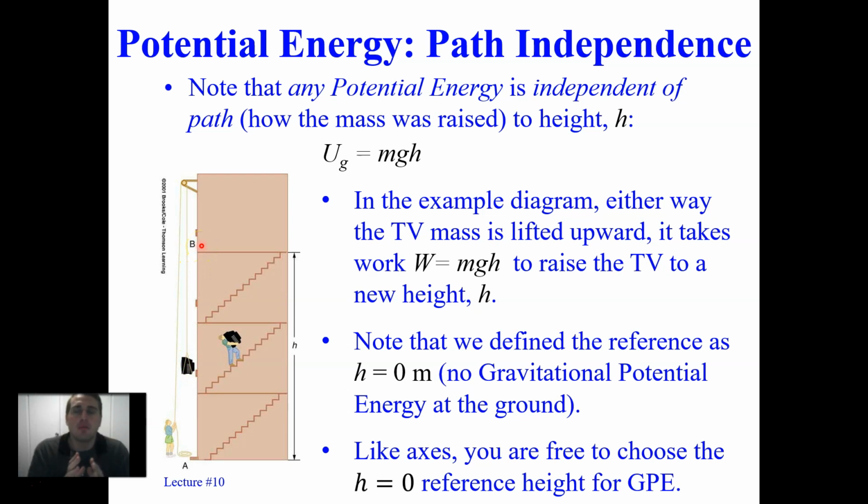Now let me make an important note. When it comes to potential energy, if no one tells you where the 0 point is, you are free to choose the h equals 0 point. I would recommend choosing the h equals 0 point at a point that's convenient. So typically the ground level is set as height 0, but you might want to set height equal to 0 somewhere else.